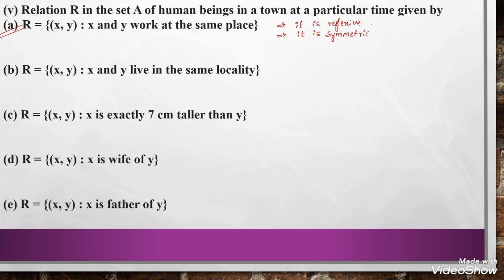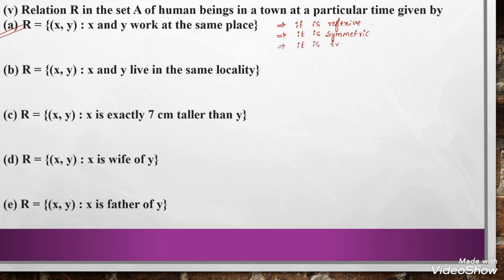X and Y work at the same place means, considering Y and X, both are people working at the same place. If X is related to Y, then Y is related to X.